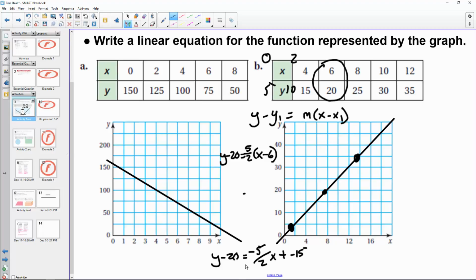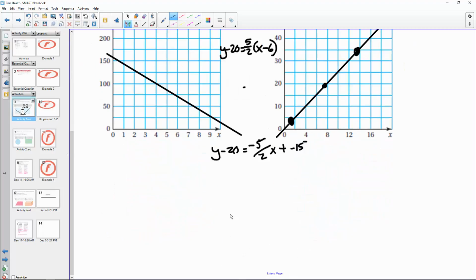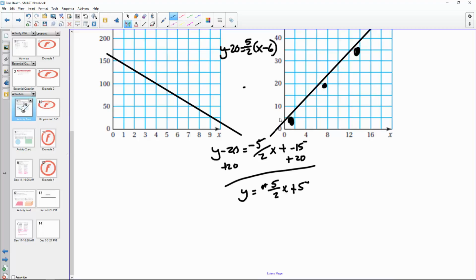And then to get y by itself, I'm going to add my 20 to both sides, so plus 20, plus 20. I just want to show you that this is the other way to get this. So y equals 5 over 2x plus 5. Oh my gosh, plus 5. Wow, sorry about that.